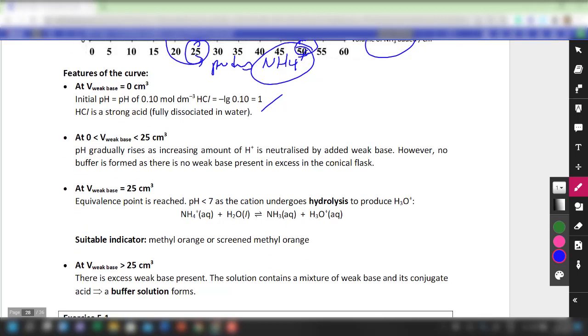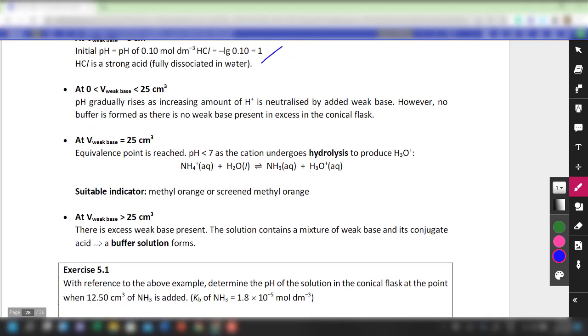At the equivalence point, of course, we are interested in calculating, because this will be due to the partial ionization of ammonium. And then anything in excess, which is beyond the equivalence point, will be a combination of the conjugate acid, which is ammonium form, and the amounts of ammonia in excess. So this particular combination will give rise to a buffer solution.